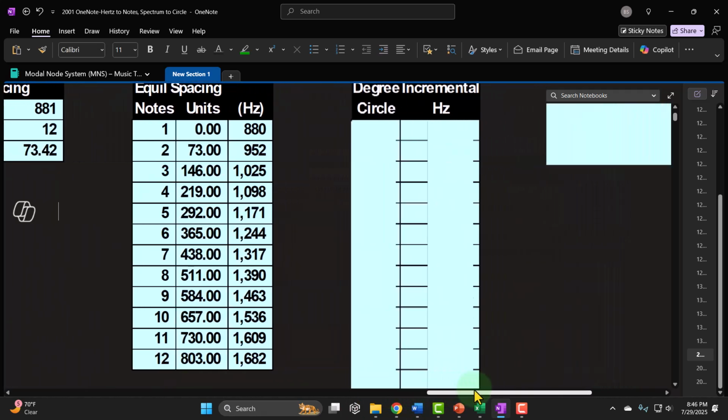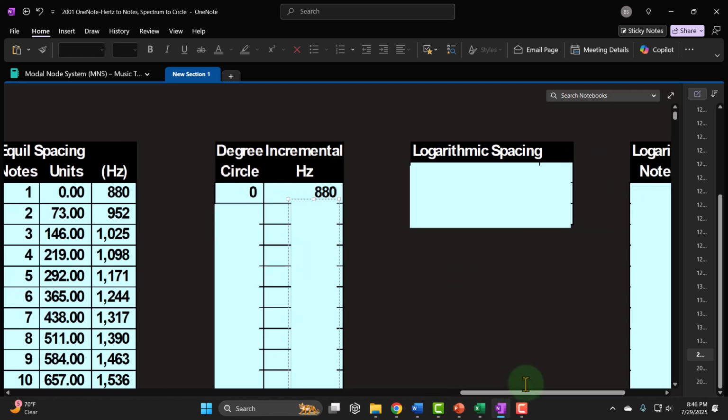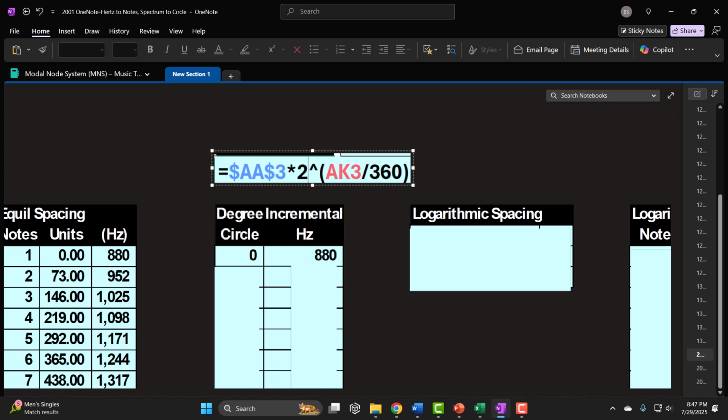We've got to do the log thing, they call it, right? Force it into a circle, right? So we do the same thing. We could say if I start at 880 and I force it into a circle, this time I'm just going to do it for the 360 circle, not for the 12, and then we'll derive the 12 notes. So we have the same formula.